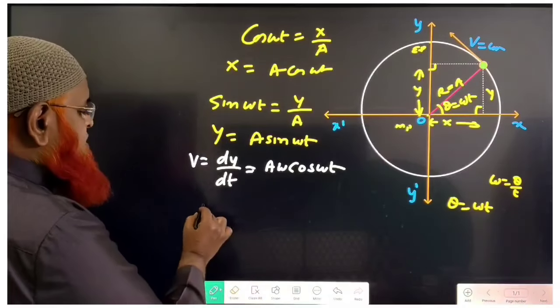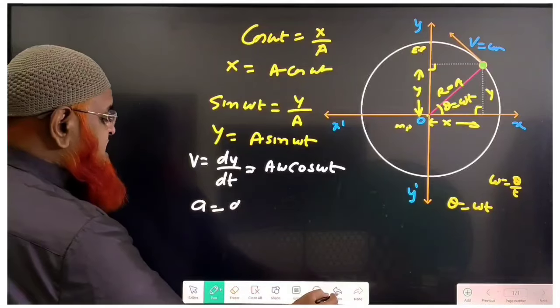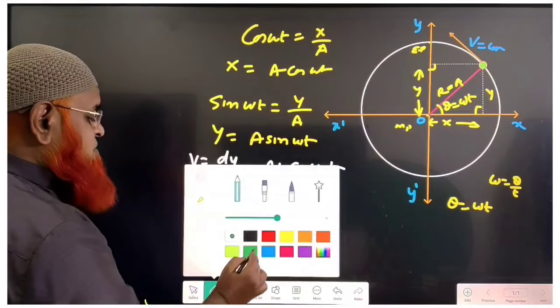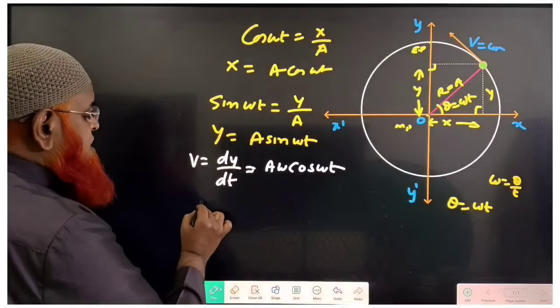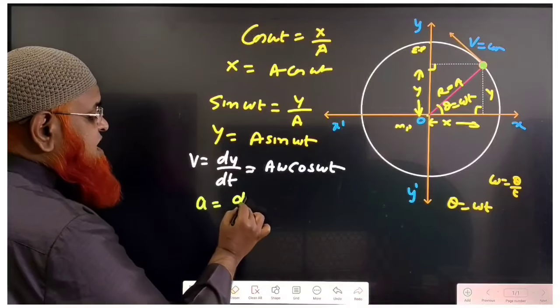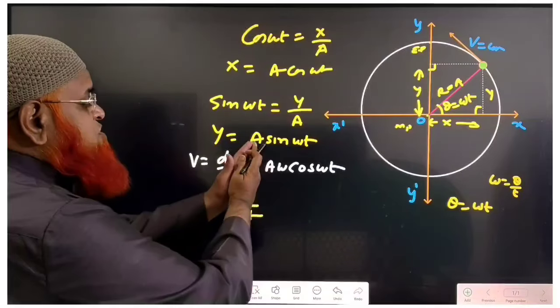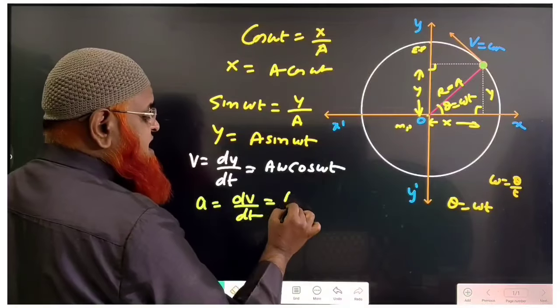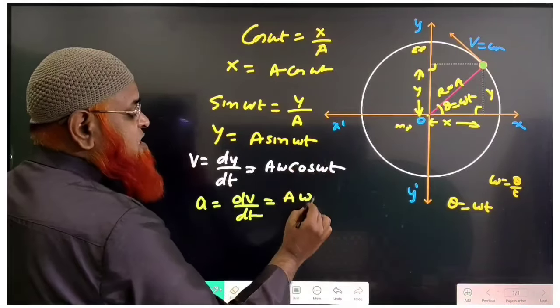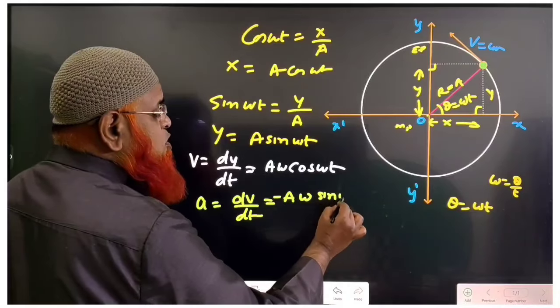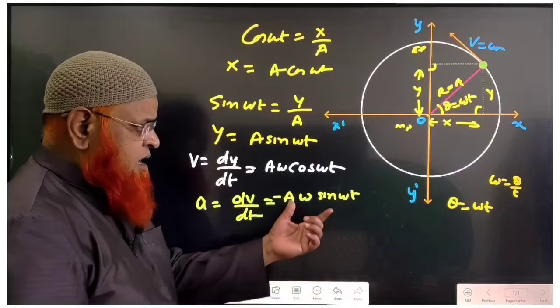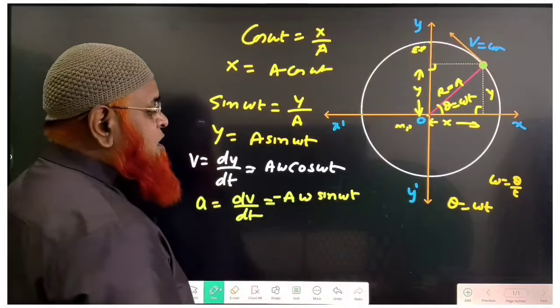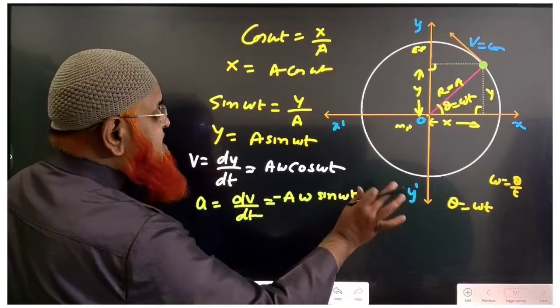Okay. How can we find out acceleration? If you differentiate velocity once again with respect to time, you are getting acceleration here. So acceleration is nothing but dv by dt. That means you have to differentiate all this. So here, this can also be taken as A omega. If you differentiate cos omega t, you will be getting minus sine omega t. And again, if you differentiate omega t, you will be getting omega once again, and dt by dt gets cancelled.